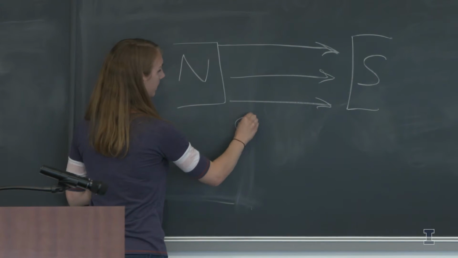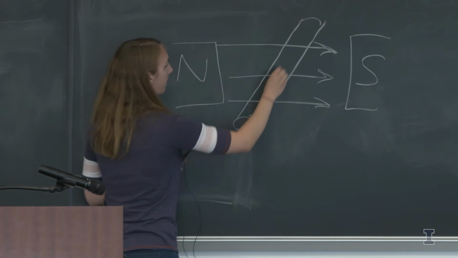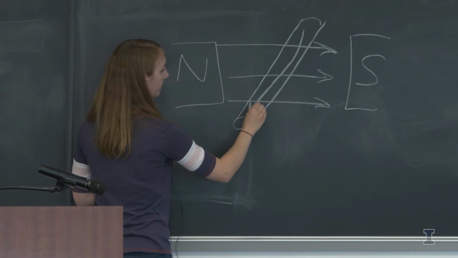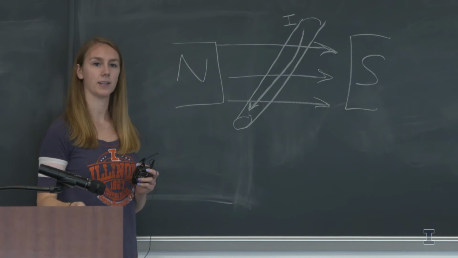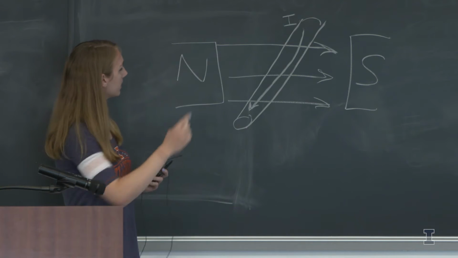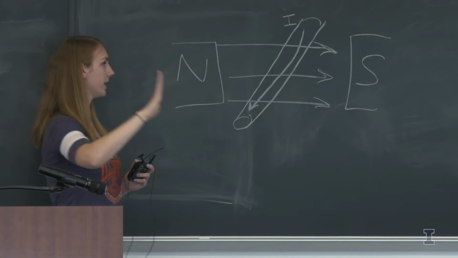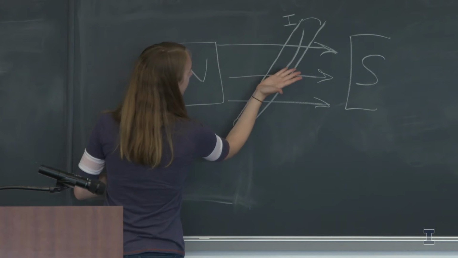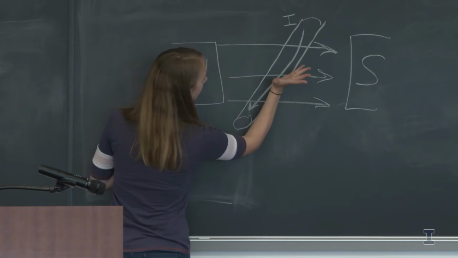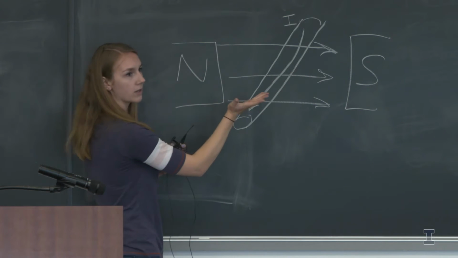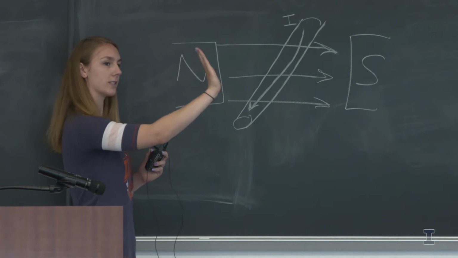If you have a wire placed between these two magnets, and you have a current flowing through, which Winter's going to talk about later, represented I, so you have a current flowing this way. You take your thumb as the direction of the current, and your fingers as the direction of the magnetic lines, and then the force on that wire is going to push the wire upwards. So your palm is the force.